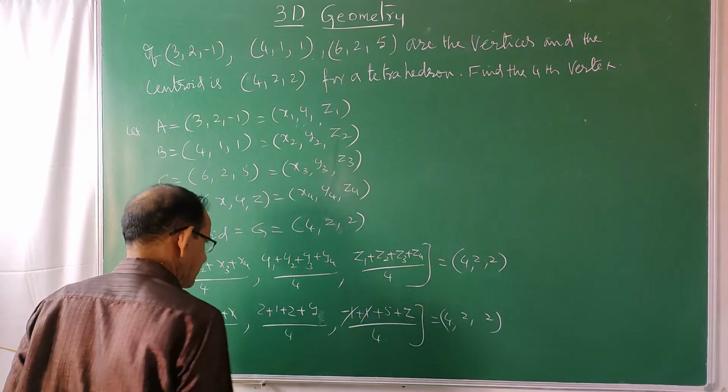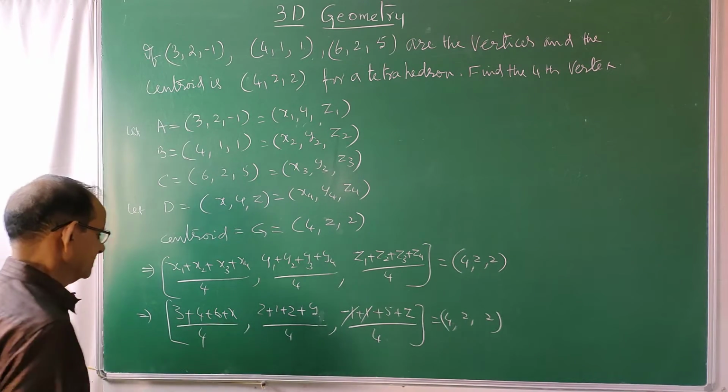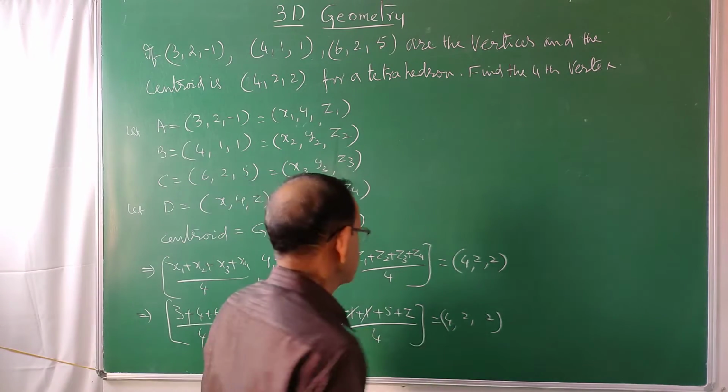Here minus 1 plus 1 are cancelled. This is 3 plus 4 plus 6, 13, x plus 13 by 4 is equal to x coordinate is 4.